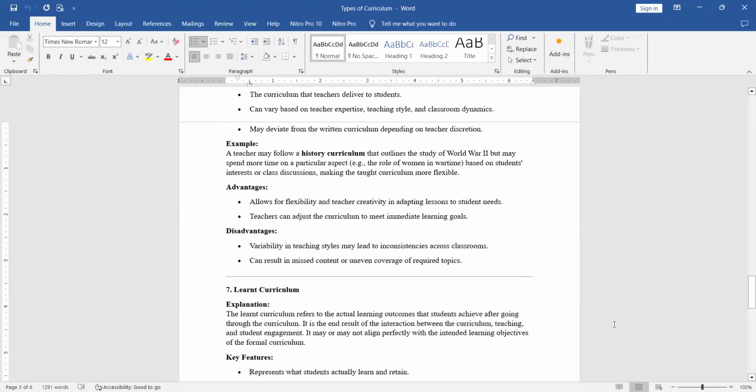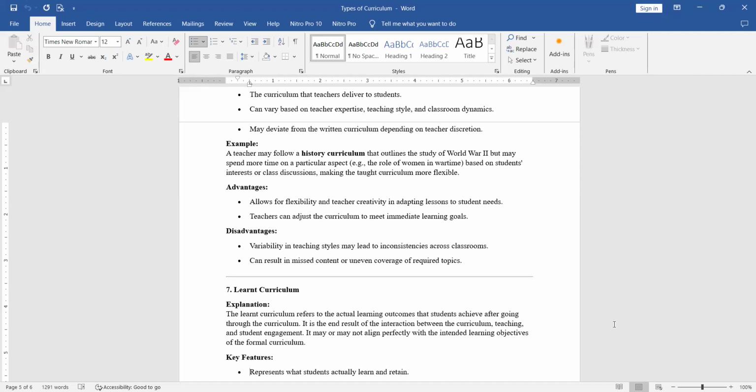Yes, ma'am. What is the advantage? It allows for flexibility and teacher creativity in adapting lessons to students' needs. There's flexibility. You can cater to students' needs. That is why in O levels, no speaking and listening, because you can spend more time on writing and reading. It's the need of the student in the O-level class.